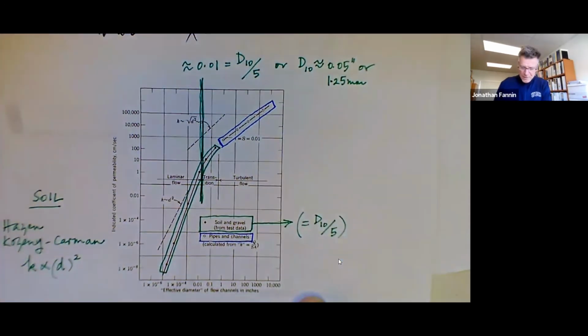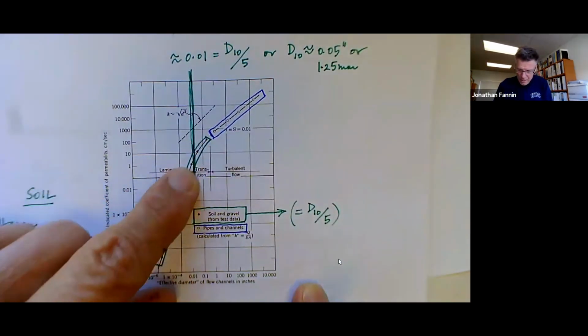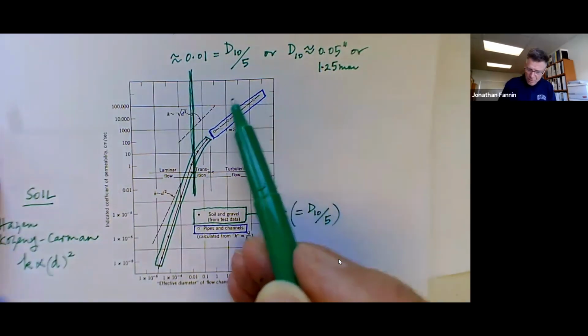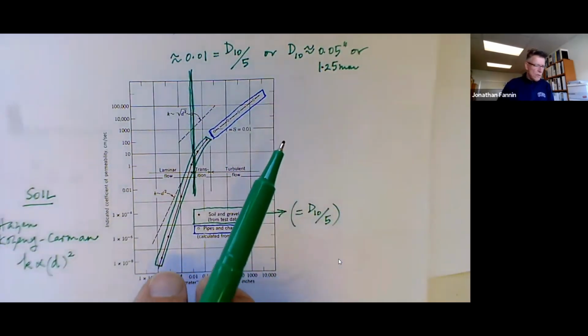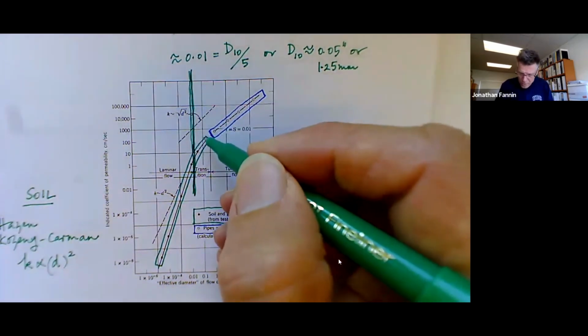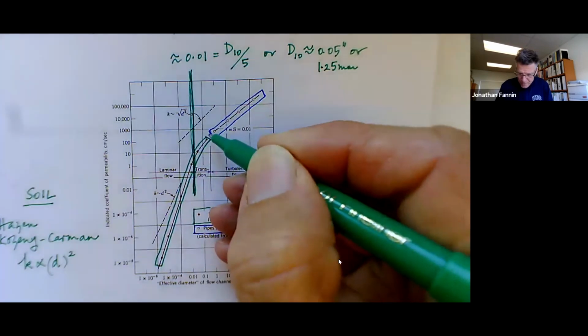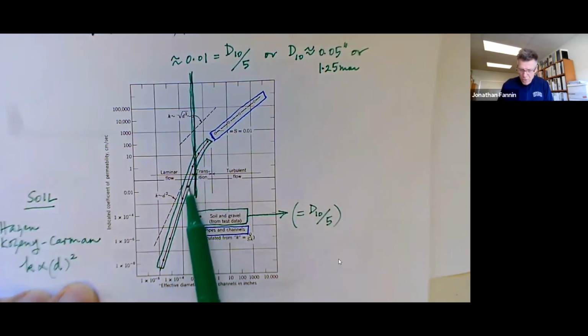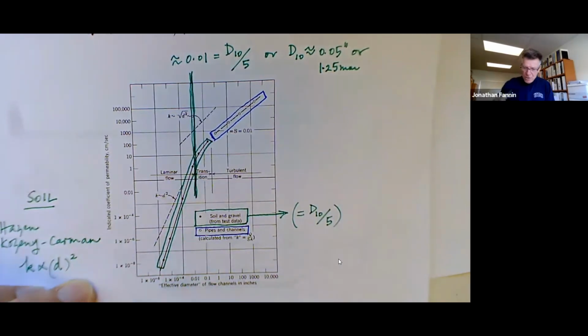Something happens, and this proportionality to D squared breaks down. When we get into the pipe flow, we're dealing more with Reynolds numbers and things like that. But I want to look at the soils, and we see that there, and it's because we are moving from a laminar to semi-turbulent flow.